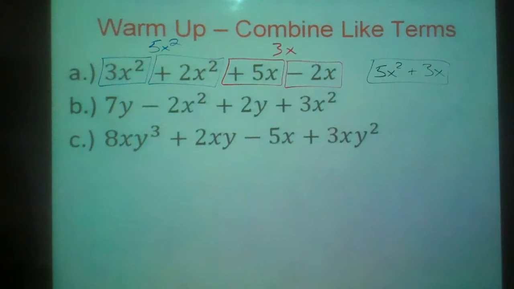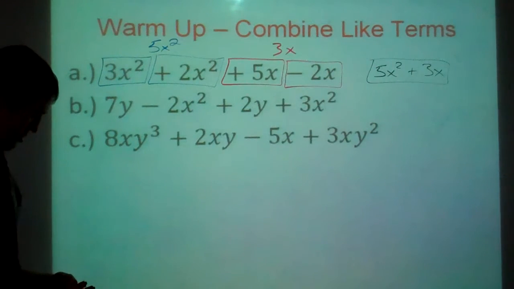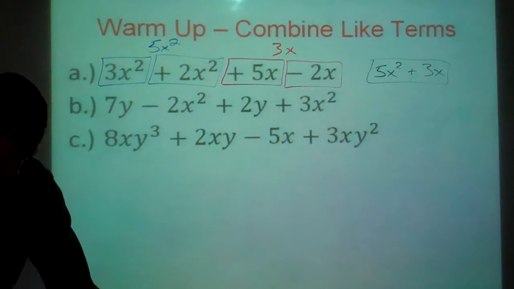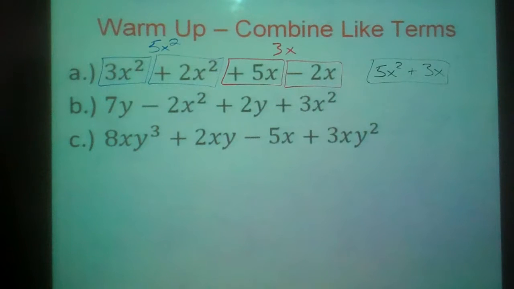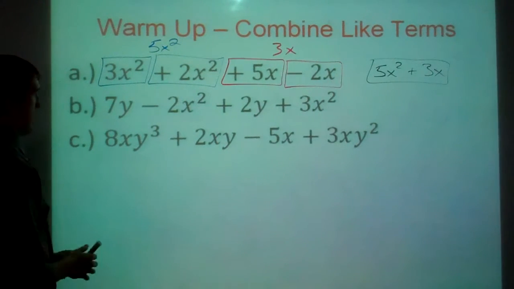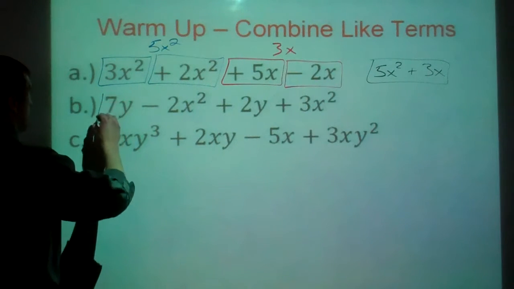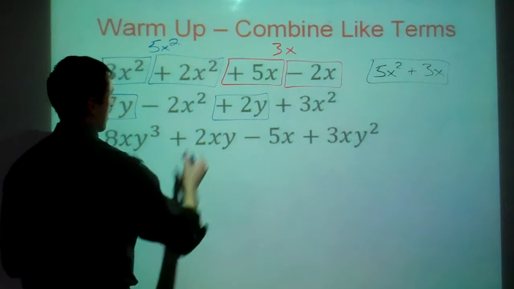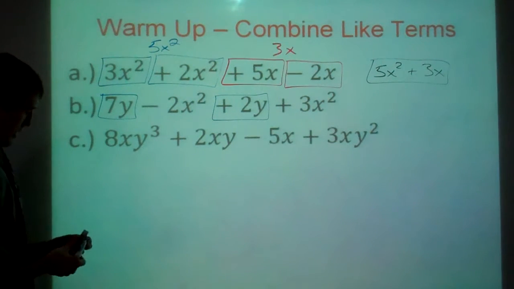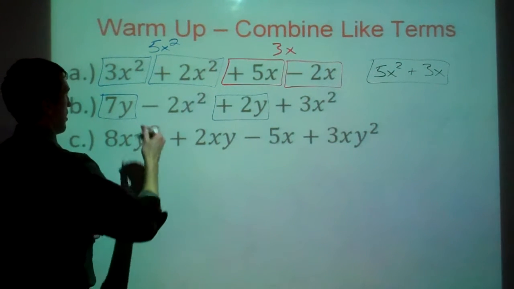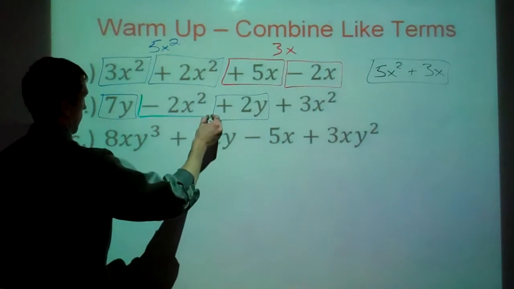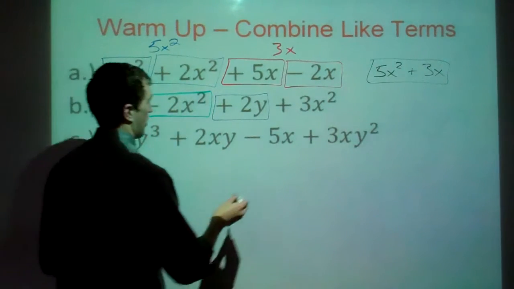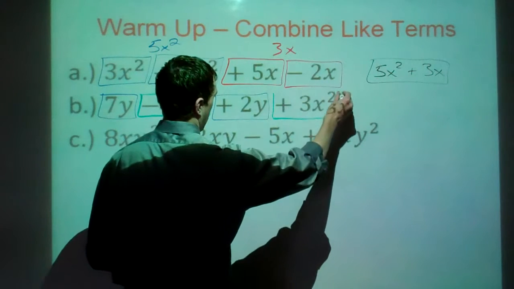Alright, letter B. We're going to look for, once again, those matching variable parts. So 7y, anything that has a y with it, but just one y. 7y and positive 2y. And then we can also combine negative 2x squared with a positive 3x squared.